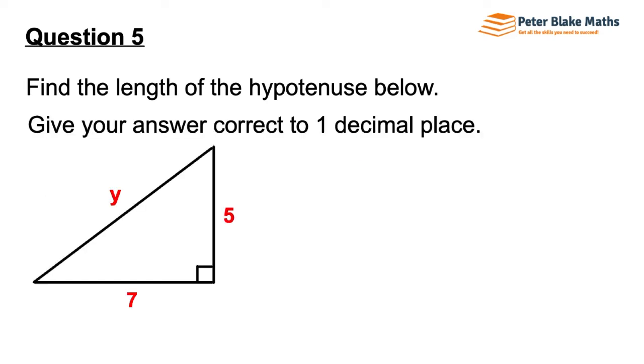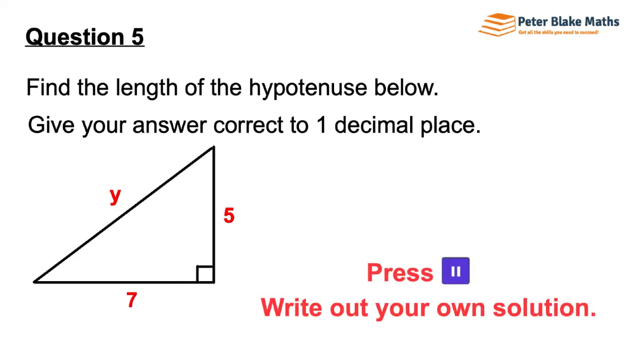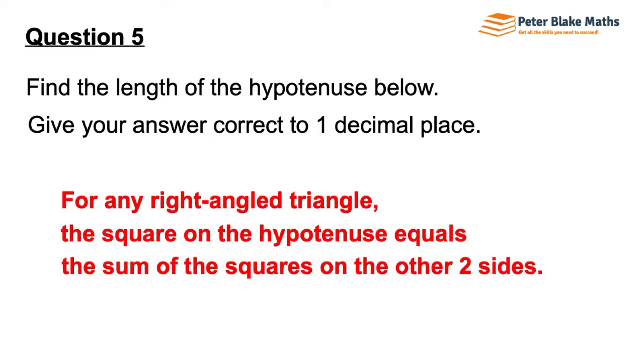Question 5. Find the length of the hypotenuse below. Give your answer correct to 1 decimal place. For any right-angled triangle, the square on the hypotenuse equals the sum of the squares on the other two sides.